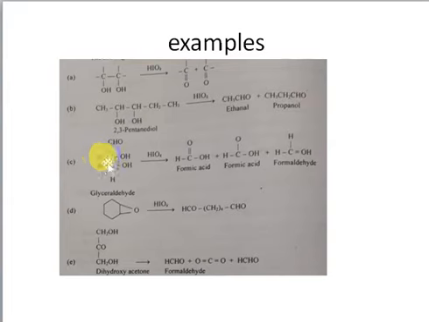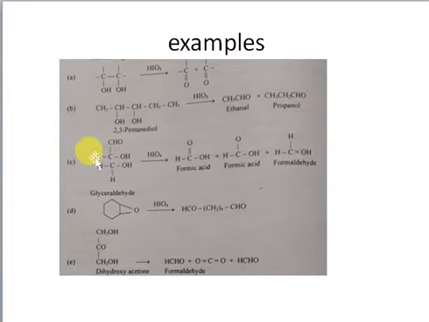In this specific case, since we already have this fragment here, that will form formaldehyde, and then we form a formaldehyde here, right? So this fragment, by formation of a carbon-oxygen double bond, will form a formaldehyde group. So this is the formaldehyde.